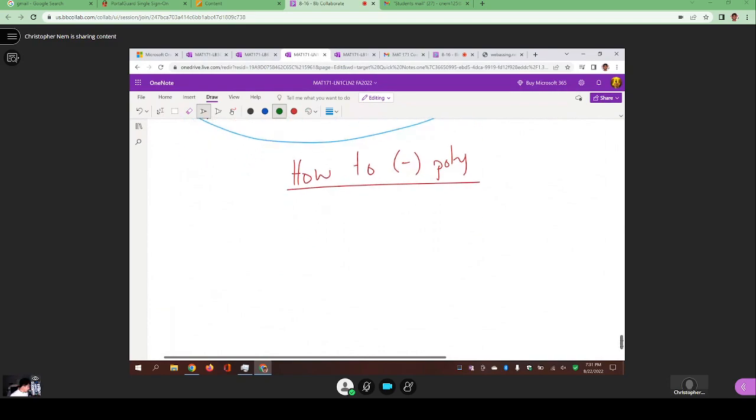So, if I were to give you an example, 3x squared plus 5x minus 2, and I'm going to subtract that with this guy, 4x cubed plus x squared minus 3x plus 1. I've never taught you guys how to subtract. I've never. However, let's look at this problem.